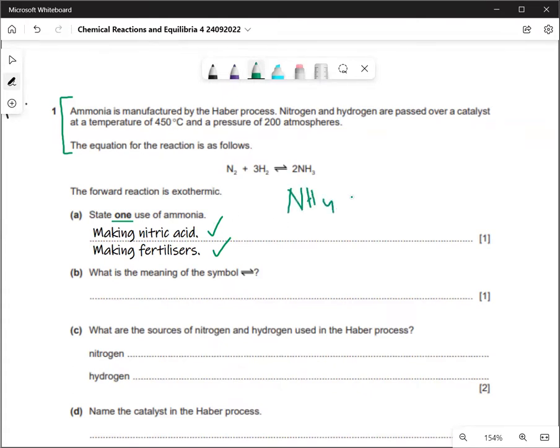One of them is NH4 twice SO4, ammonium sulfate. The other fertilizer is NH4NO3, ammonium nitrate. So we need ammonia to make fertilizers.